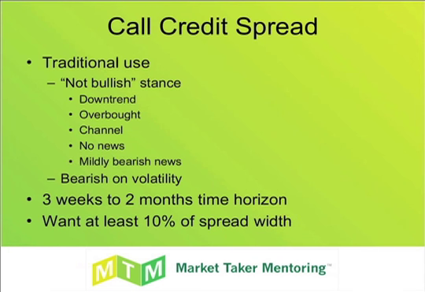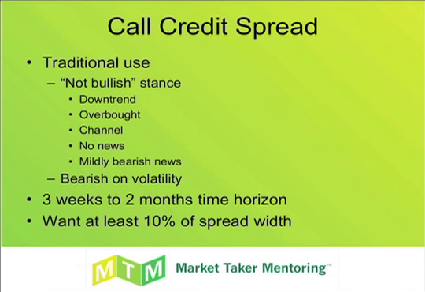By the way, for people who are totally wet behind the ears here and saying, what do you mean collect when you make the trade? This is a spread where when you put on the trade, you don't actually pay for it. You actually get paid to make the trade. But at some point, you'll have to either buy that spread back or simply let it expire, and you need the price to go down in order to not lose money.